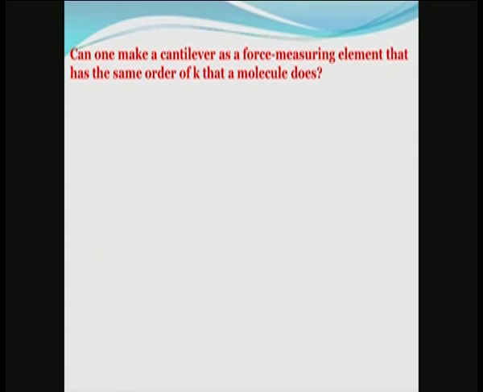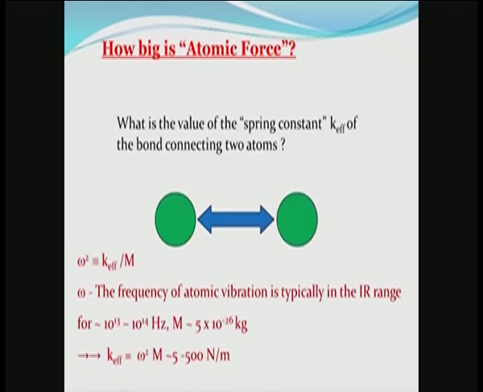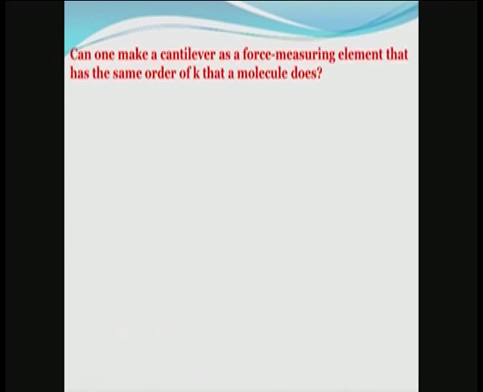Now, can one make a cantilever as a force measuring element that has the same order of k as two atoms do? As we have seen just now, it is between 5 and 500 newtons per meter. Can we make a cantilever with a spring constant of that magnitude?